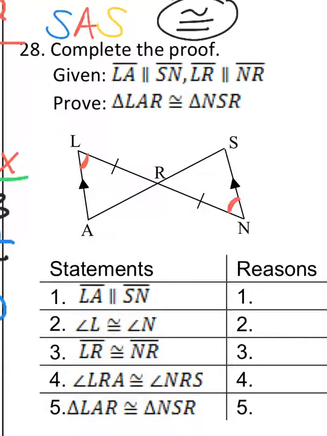I also have vertical angles in the middle. So that's angle LRA and angle NRS. If you look at the picture, we have angle, side, angle. So that means our triangles are going to be congruent. And that's all we need to do, prove that the triangles are congruent. That'll prove it, angle, side, angle.